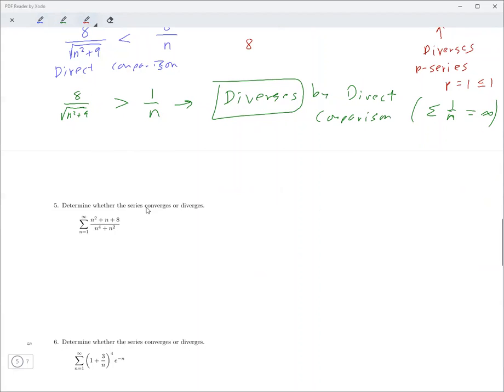Okay, so if you focus on the largest terms, in this case the biggest order, it's n squared and n to the fourth, right? Which reduces to 1 over n squared.